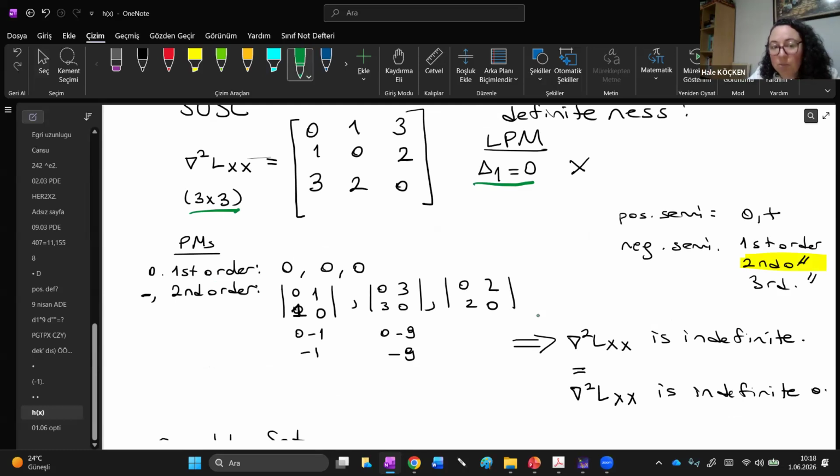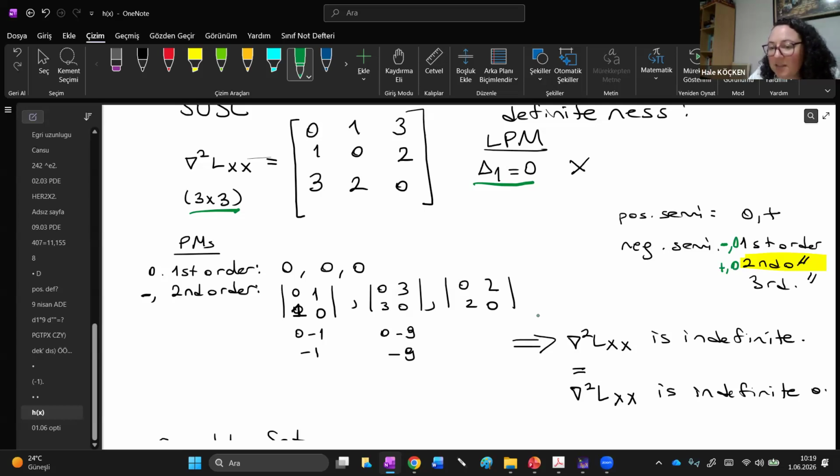So we say that for positive semi-definiteness, all of the orders, first, second, third, all of them will be 0 or positive. For negative semi-definiteness, the first order begins with negative or 0, but the second order goes for 0 or positive. So there is no possibility for the matrix Nabla square L to be definite.